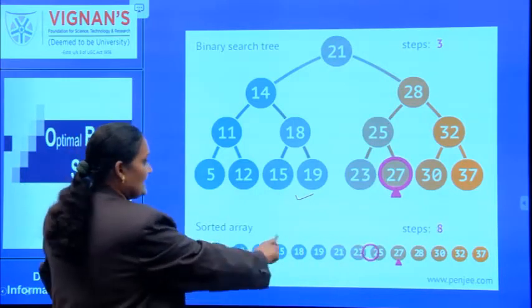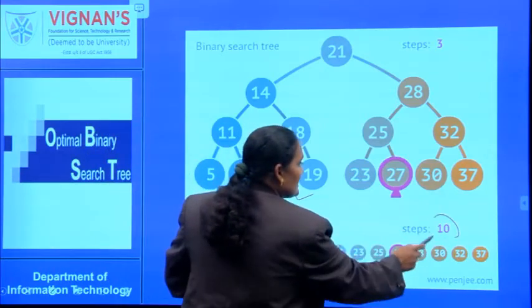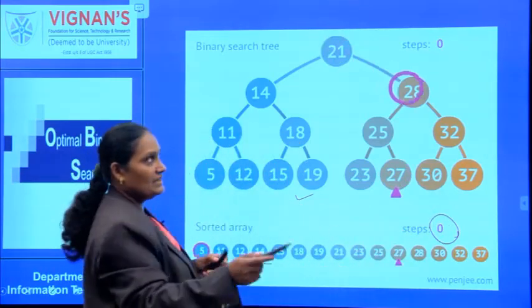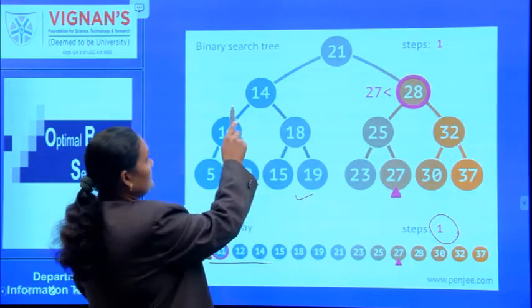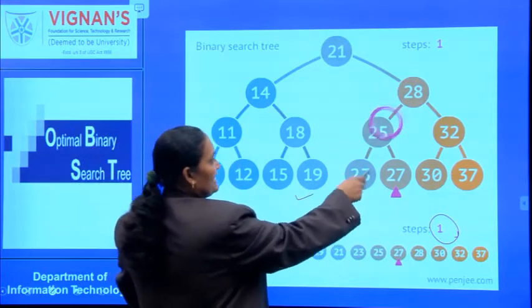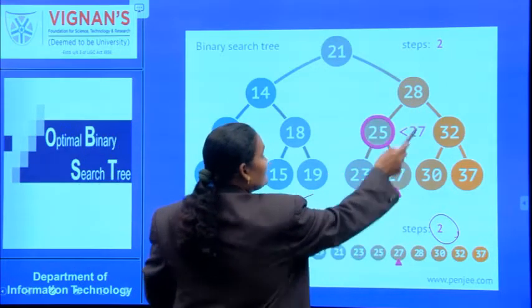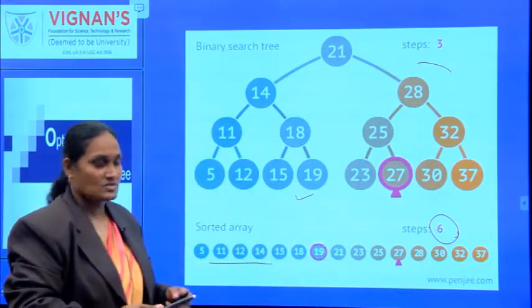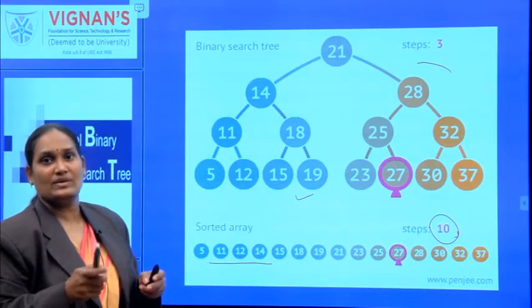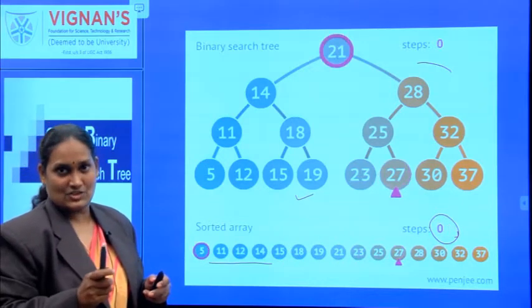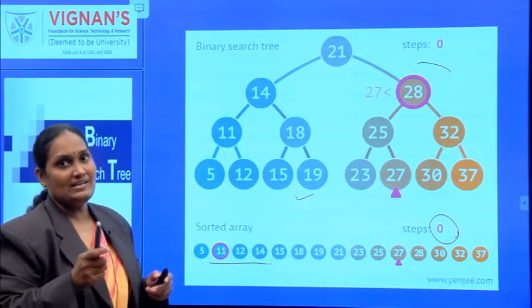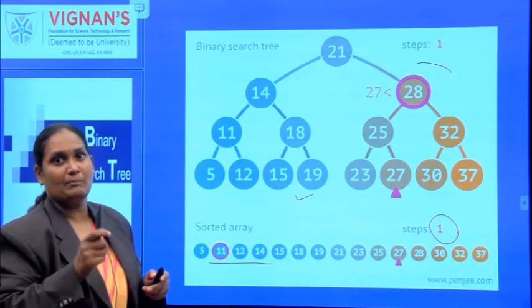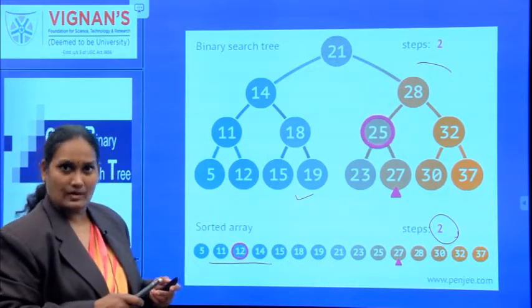The sorted array takes 10 steps to search the element 27, but the binary search tree completed the process within 3 steps. So that is why we say that the binary search tree is efficient when searching a key element compared to a linear sorted array.